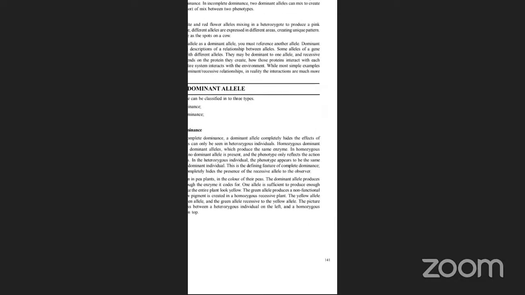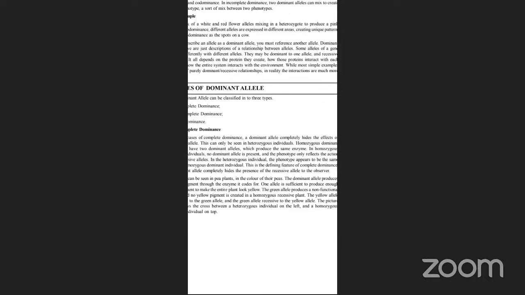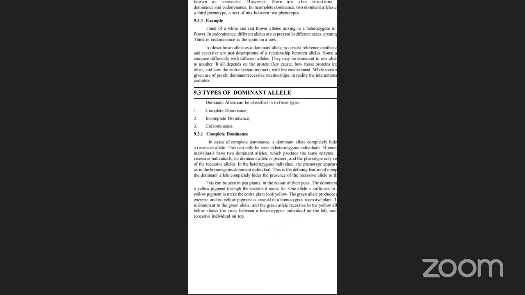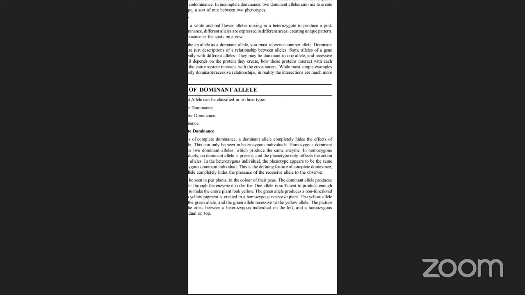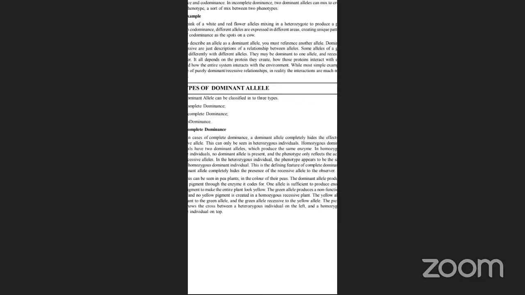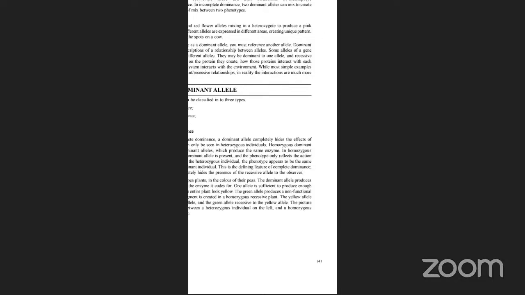The green allele produces a non-functional enzyme, and no yellow pigment is created in a homozygous recessive plant. The yellow allele is dominant to the green allele, and the green allele is recessive to the yellow allele. The picture below shows the cross between a heterozygous individual on the left and a homozygous recessive individual on the right.